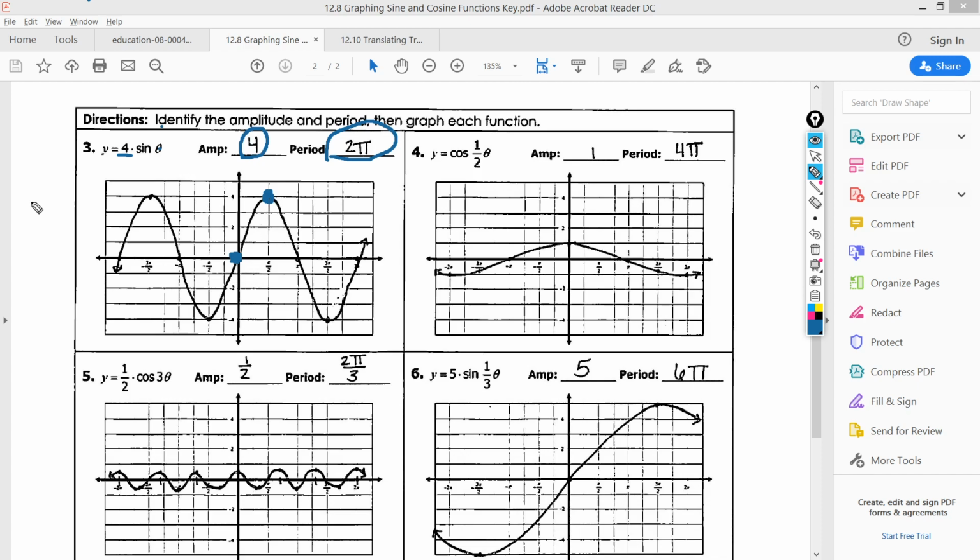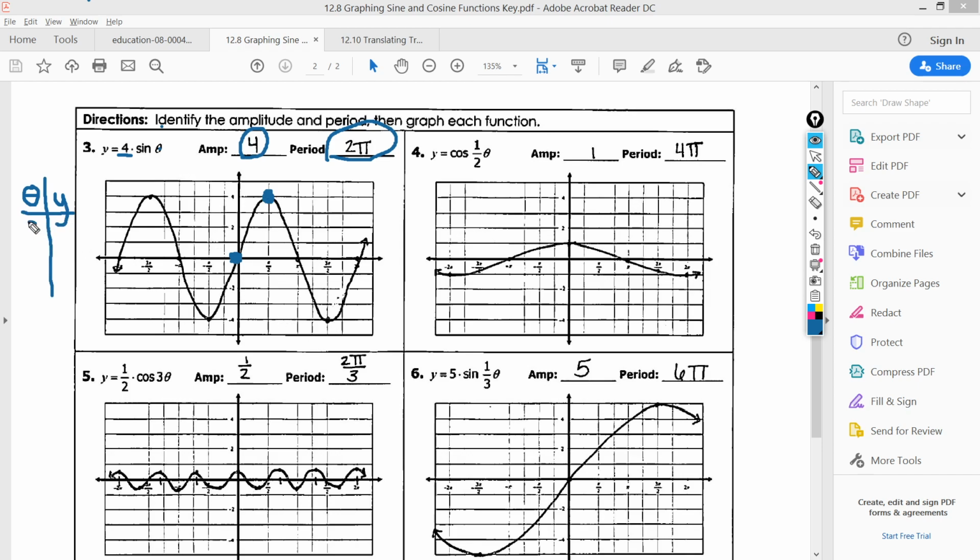It'd be fine to make a function table like this, if it helps you. I don't think it's necessary because you're just graphing these points real quick, but let's just do it real quick.